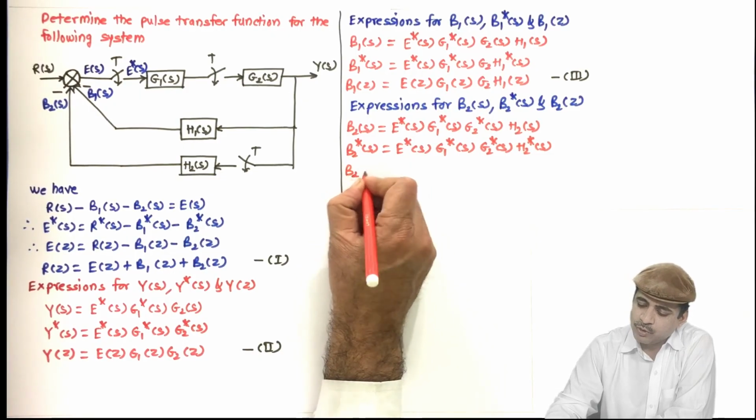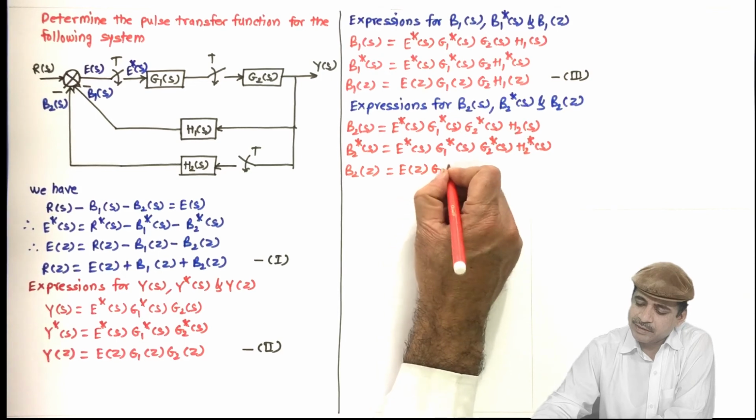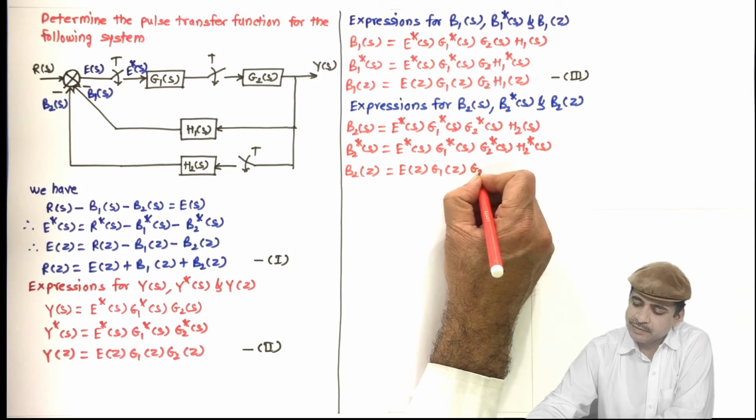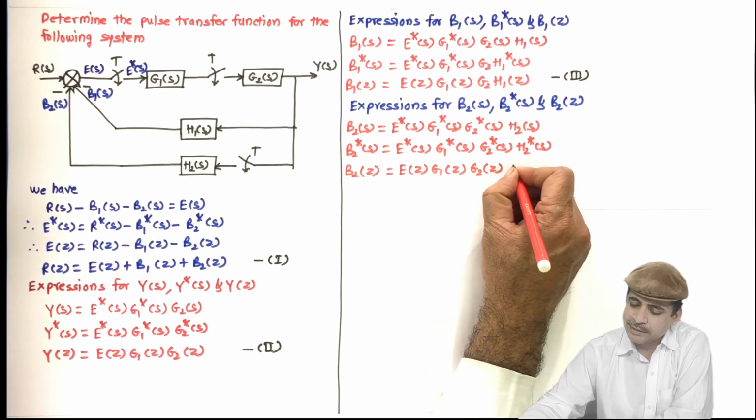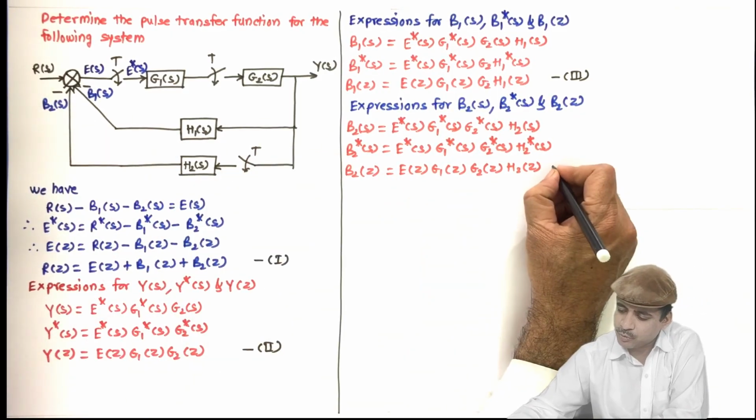And that gives me B2 of Z is equal to E of Z G1 of Z G2 of Z and H2 of Z. Let us mark this as 4.